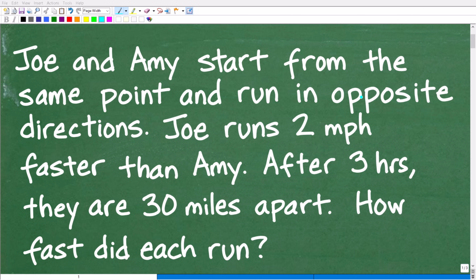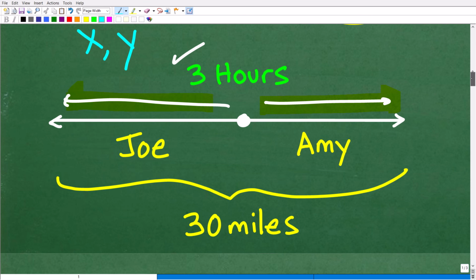But here, the question is, how fast is each person running? So we have to think about some variables, maybe like x and y, and maybe it's a good idea to let the variable x represent how fast Joe is running, and let the variable y represent how fast Amy is running, because this is what we're looking for, right? If we can figure out what x and y are, well, then we will have solved the problem.